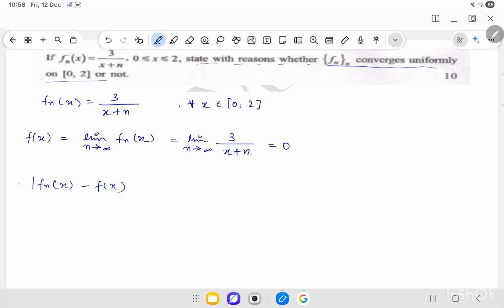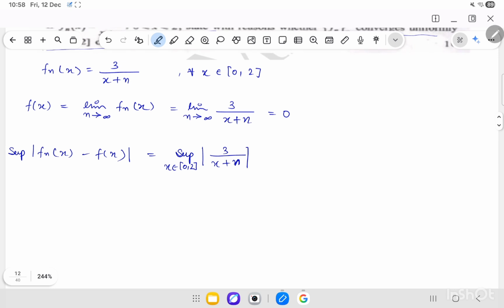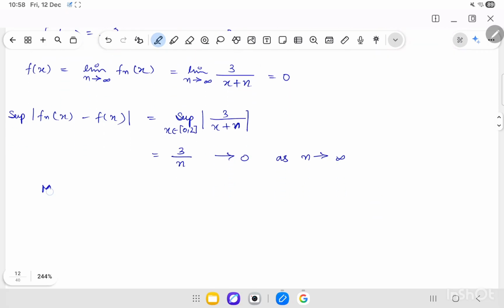It will be the supremum of 3/(x+n), where x belongs to [0, 2]. Now you can easily observe that it is a decreasing function, so the supremum will be attained at x equals 0. So it will be 3/n, and it approaches 0 as n approaches infinity. So from here we got that M_n approaches 0 as n approaches infinity.